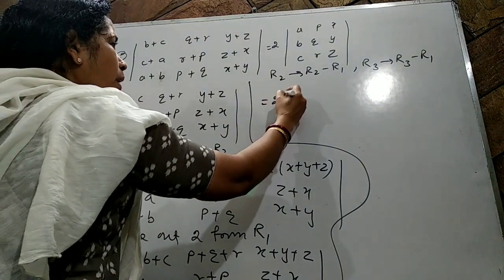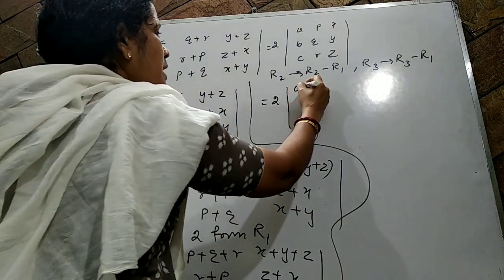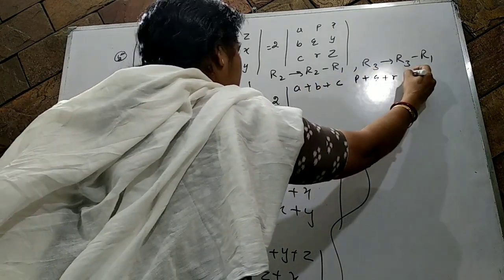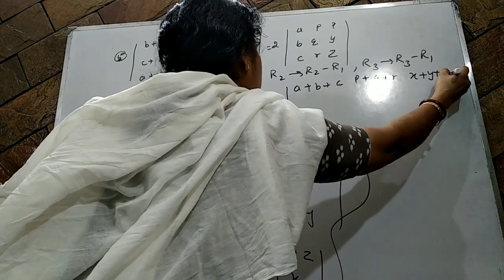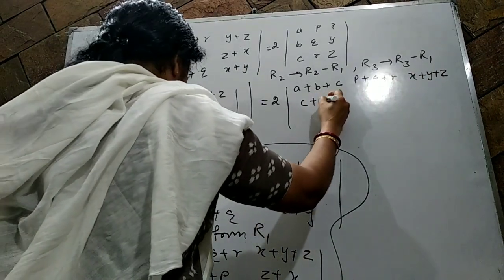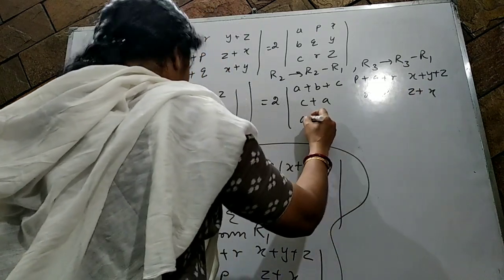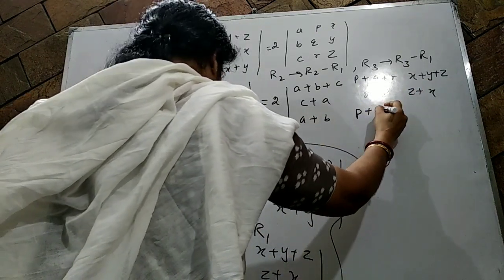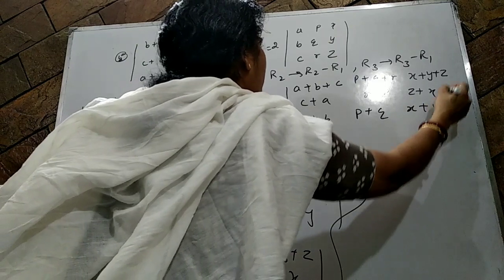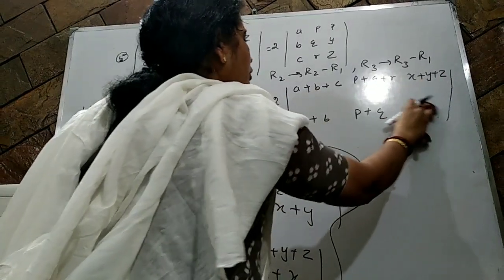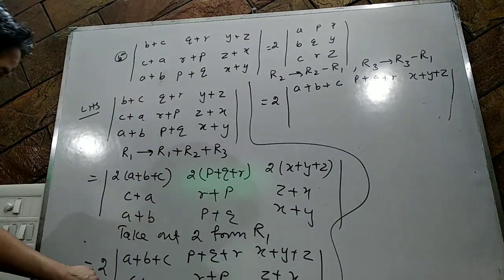Now that is equal to twice of: first row is the same, A plus B plus C, and then P plus Q plus R, and then X plus Y plus Z. Here we have C plus A, and then R plus P, and then Z plus X. And then here A plus B, and then P plus Q, and then X plus Y. Now, sorry, if I do R2 minus R1, what will I get, better?